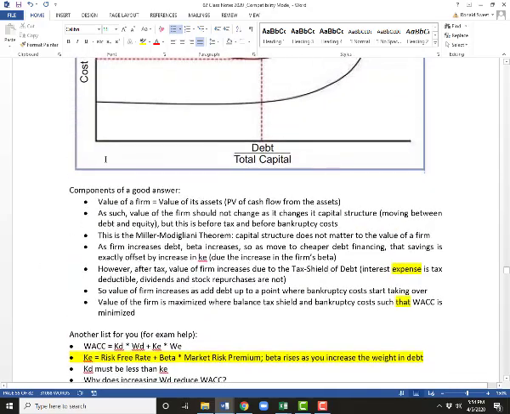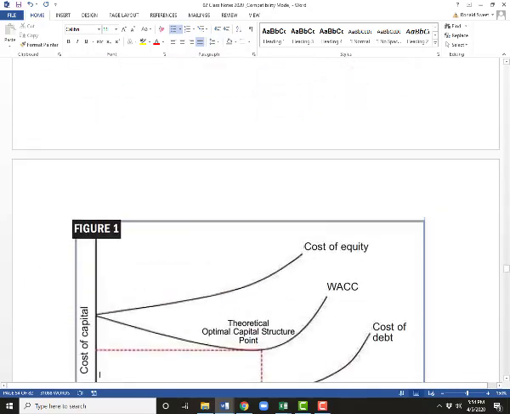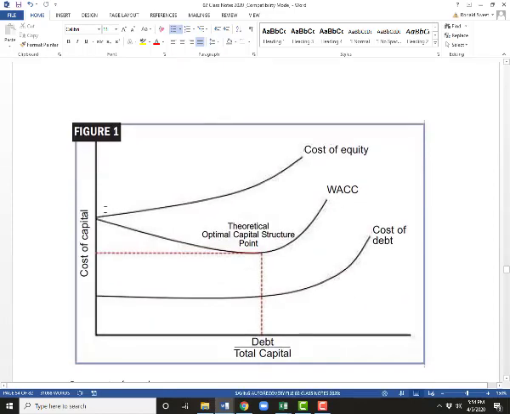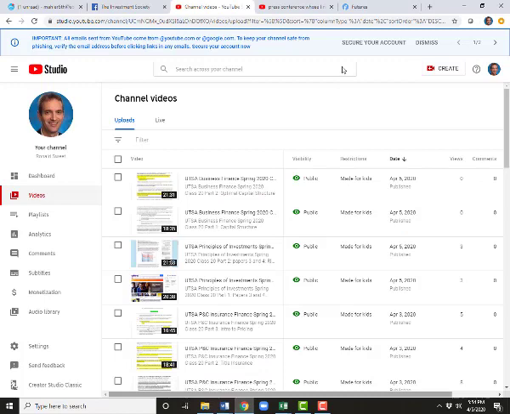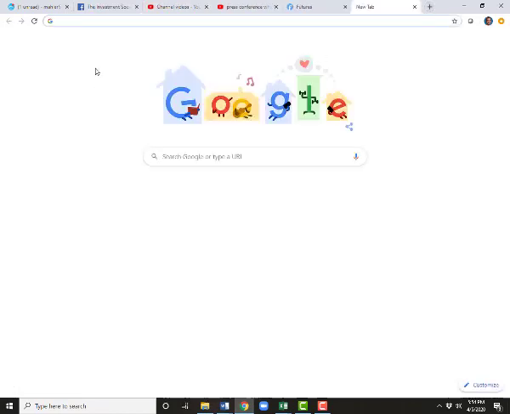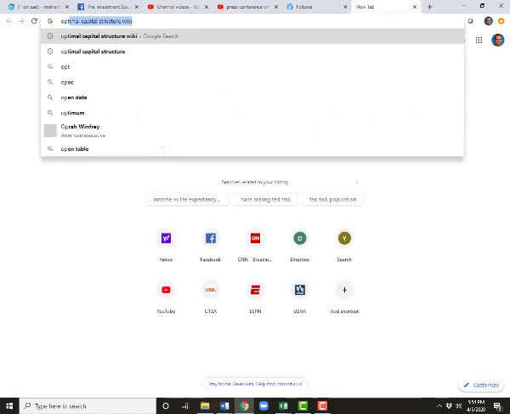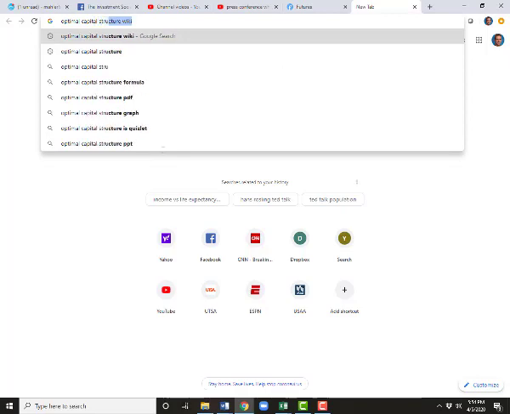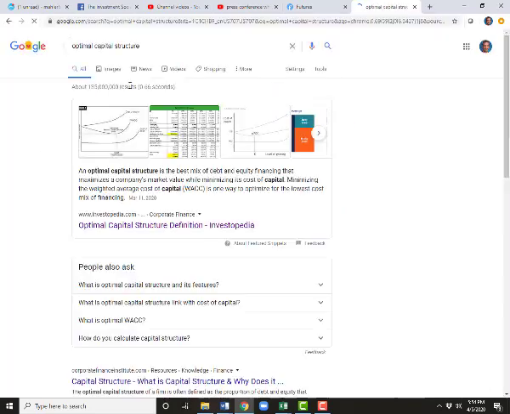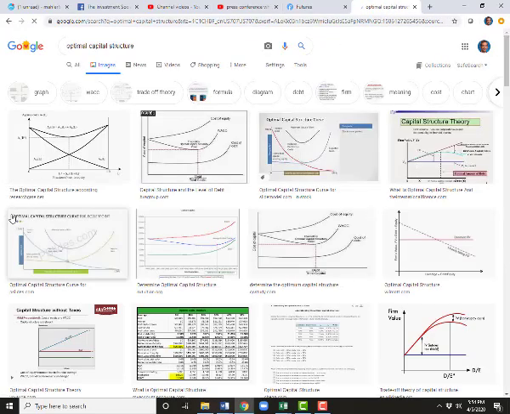So if you see a graph like this without anything marked, without any titles on it, you don't know what each line is, you should just be able to tell from the shape what it is. So if I actually do this again, optimal capital structure, and click on images, you can tell what kind of graph it is. Some of them are strange, not like that one, but here definitely that's cost of capital. That's the one we just actually did.